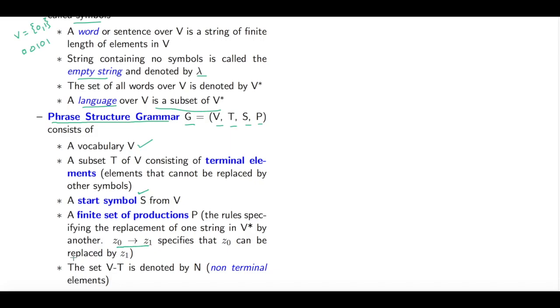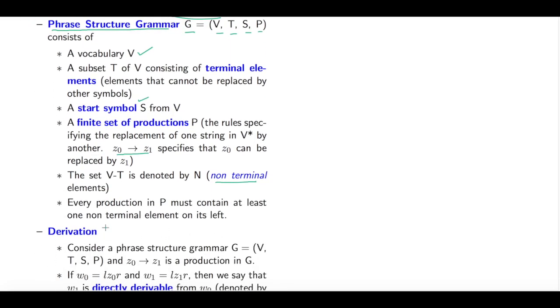Okay, and we have defined the terminal elements, and the other elements in V which are not terminal elements are called non-terminal elements, for obvious reasons. Okay, and the other rule for a phrase structure grammar is that every production in P must contain at least one non-terminal element on its left. So for example, this is the left side and this is the right side. That's what on its left means.